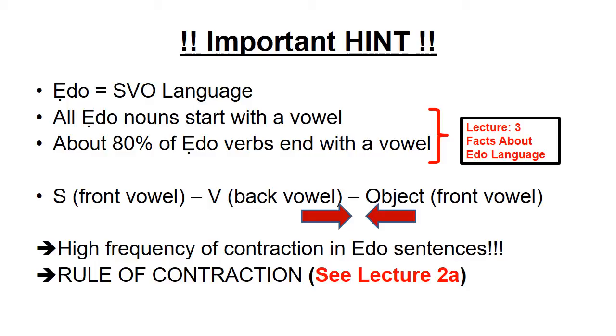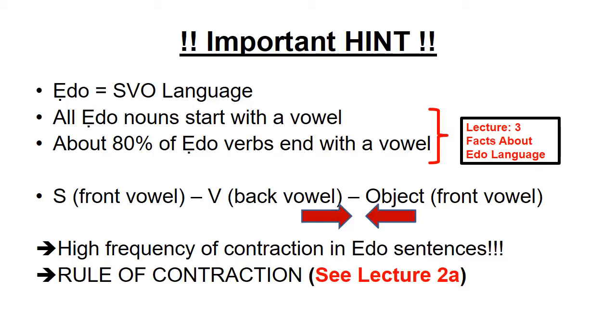That's why the rule of contraction, which you learned in lecture 2A, is very frequent in Edo language, because we have this structure. So that is very important. And the only exception is where diphthongs are possible in Edo language. But that will be a topic for another lecture in which I explain the exception to the rule of contraction.